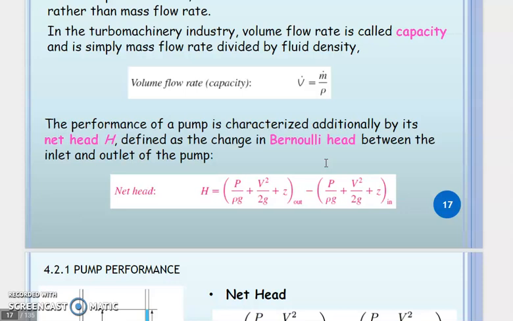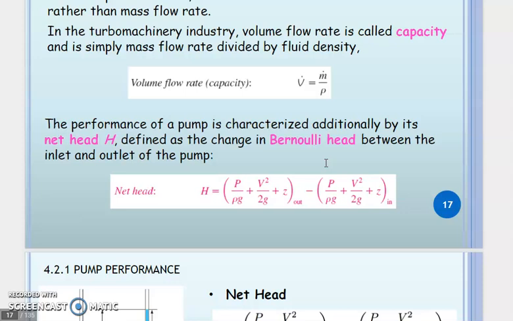For example, let's say you have a reservoir located 20 meters from the position of a pump, and the head of the pump supplied is only 10 meters.